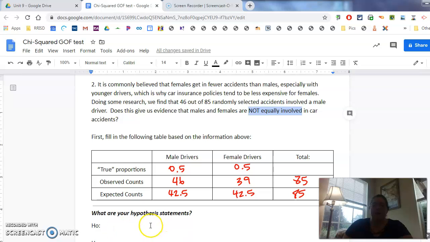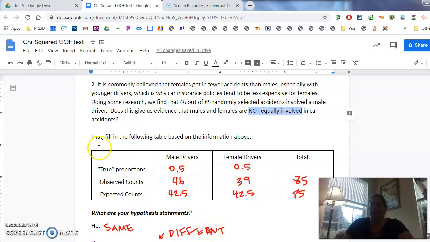My null hypothesis would be that they are the same, that they're equally proportioned, that males and females get into the same amount of accidents. My alternate is that they are different, that the proportions of males and females that get into accidents are not the same. I just forgot the E in different, no big deal. So that would be our null and alternate.